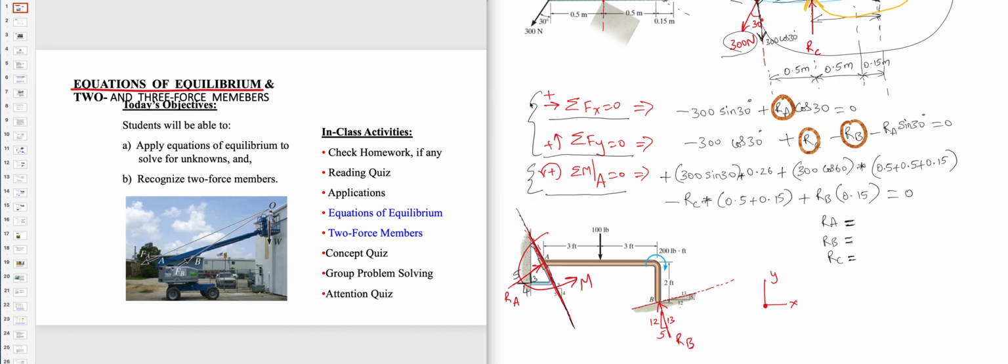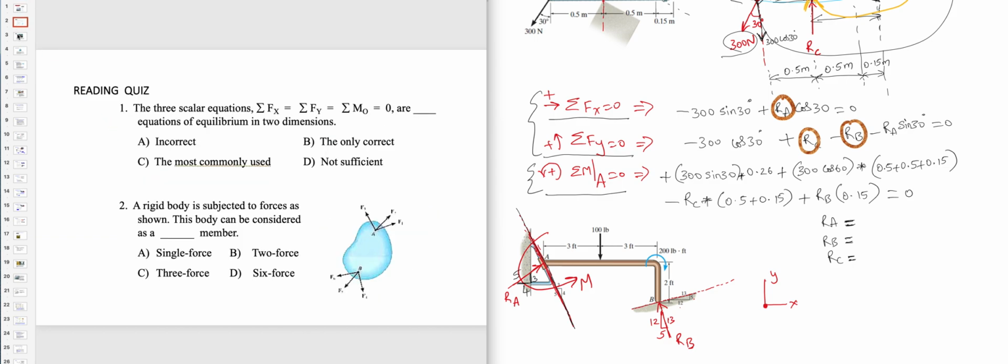So both translation and rotation being 0 is what we're supposed to prove to show that the body is in equilibrium. So we'll see 2 and 3 force members. That means there are 2 external forces acting or 3 external forces acting, or 3 support reactions or 2 support reactions. So when we have these 2 different cases, how do we solve problems? That's what we'll be seeing in this chapter.